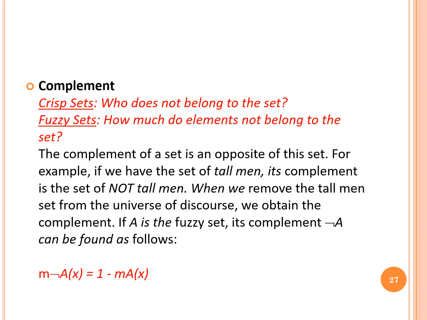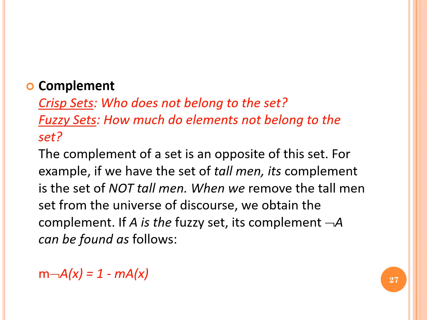It is a complement of a set, an opposite of this set. For example, if you have the set of tall men, its complement is not tall men. When we remove the tall men set from the universe of discourse, we obtain the complement.